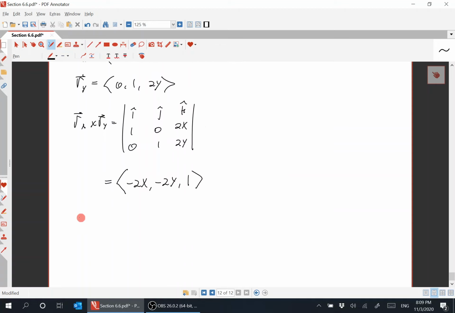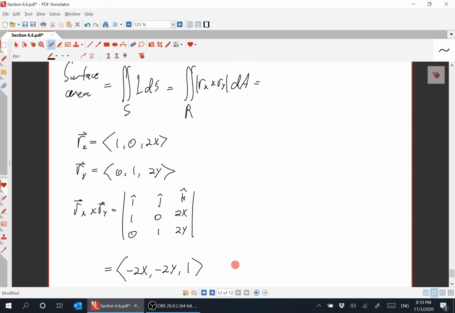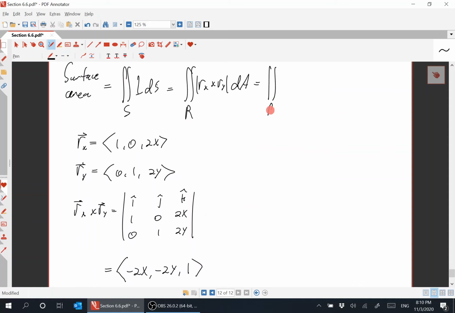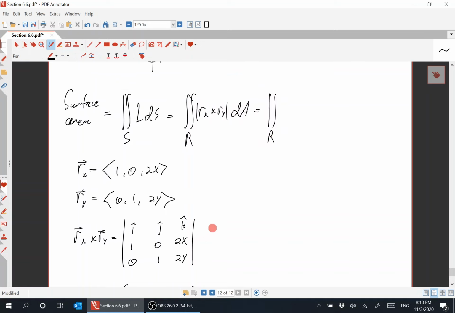So the length of rx cross ry is equal to the square root of 4x squared plus 4y squared plus 1. Right, so this is equal to the double integral over R, which was the unit circle, of square root 4x squared plus 4y squared plus 1 dA.